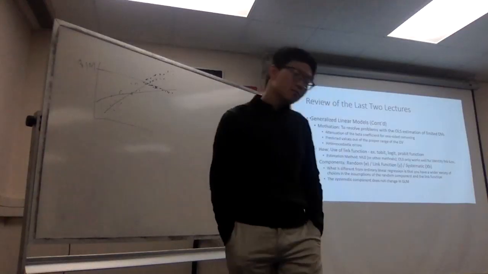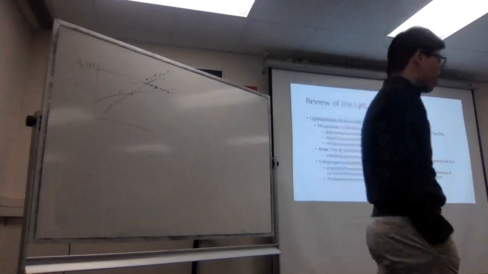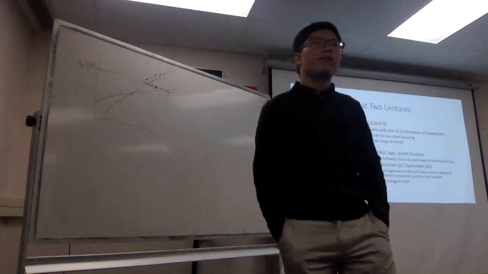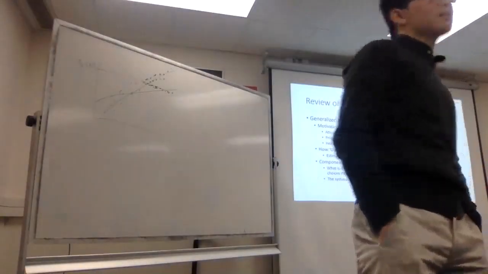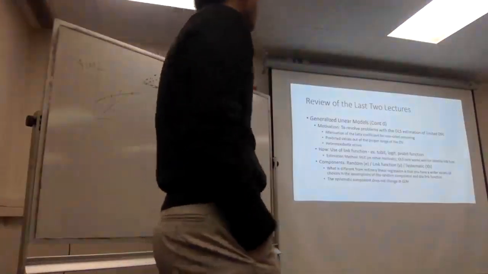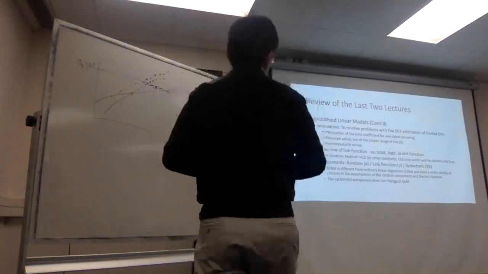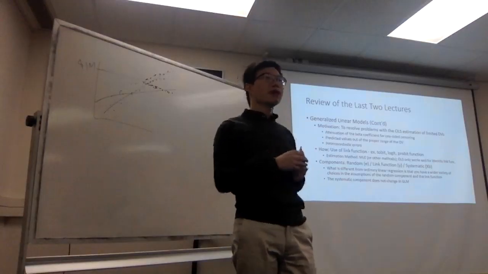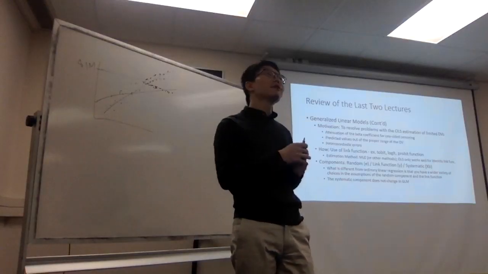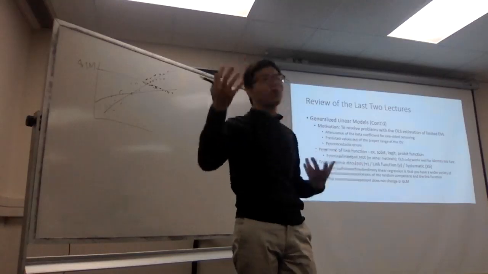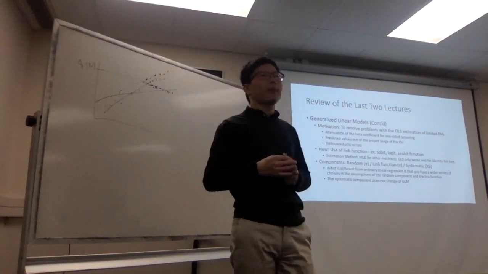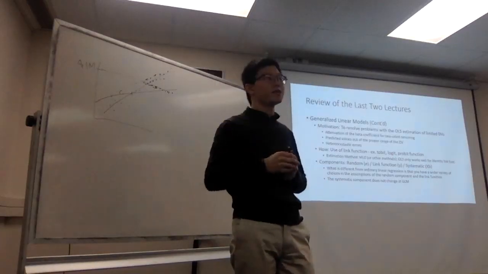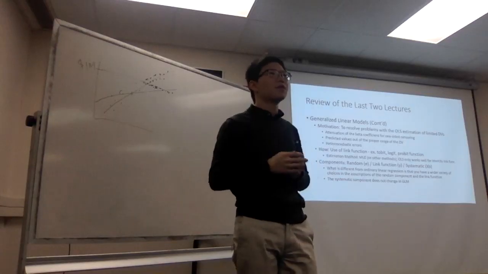For example, if your dependent variable is binary, such as whether you graduated from high school or not, then the predicted probability of high school graduation could be out of the range of 0 to 1 if you run an OLS regression model.